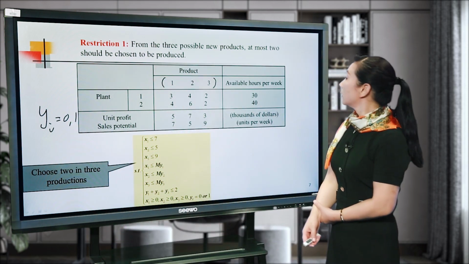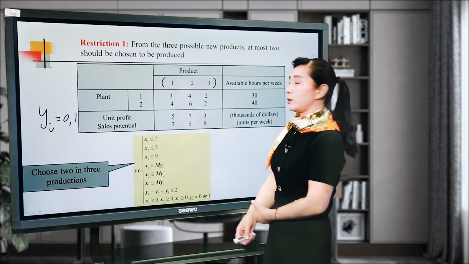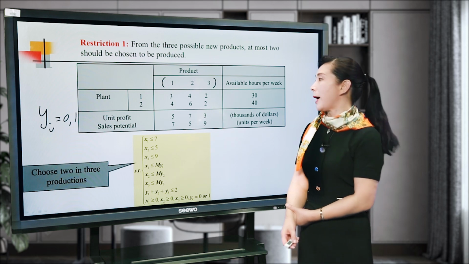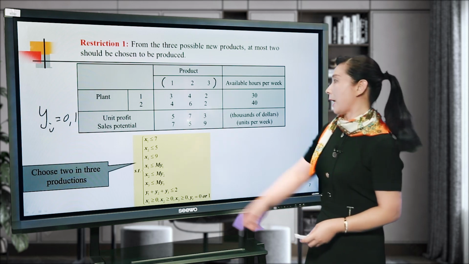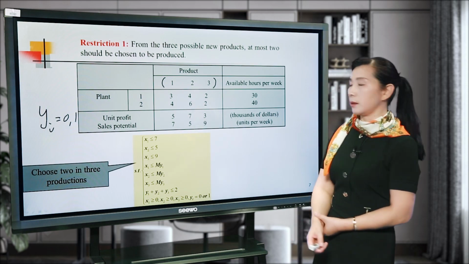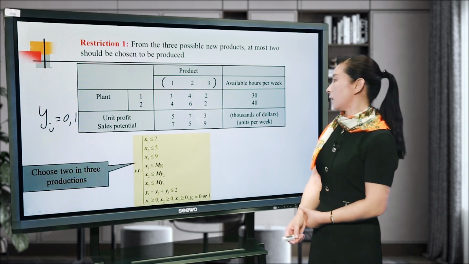If yi equals 0, then xi, or product i, is not produced. If yi equals 1, then xi can be greater than 0, which means xi can be produced.